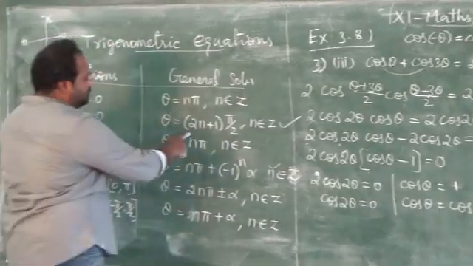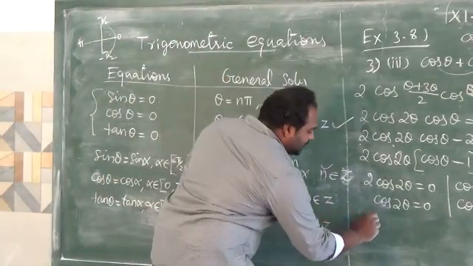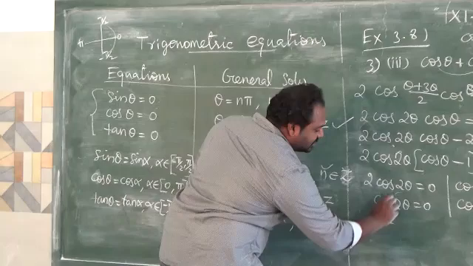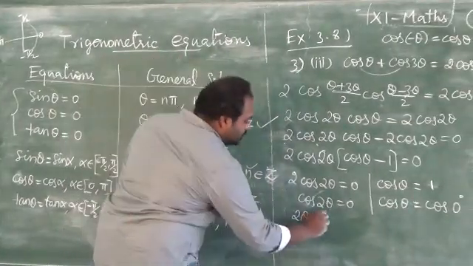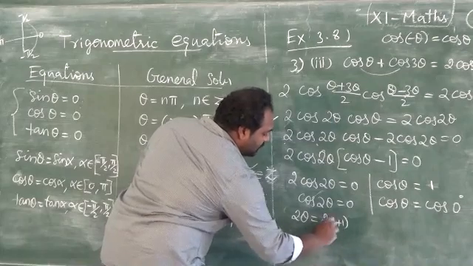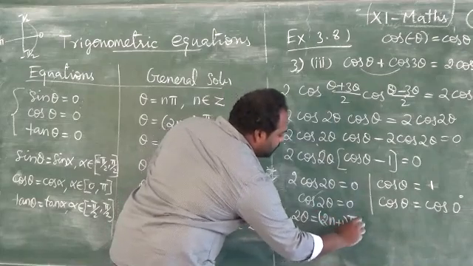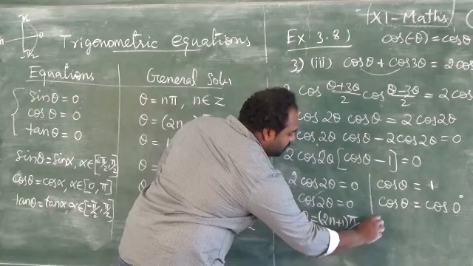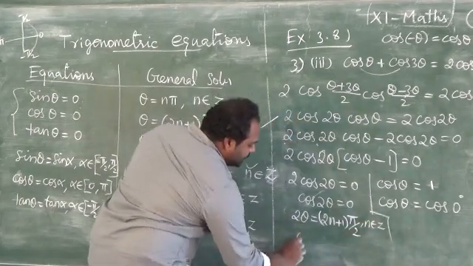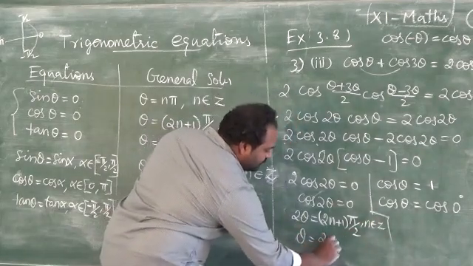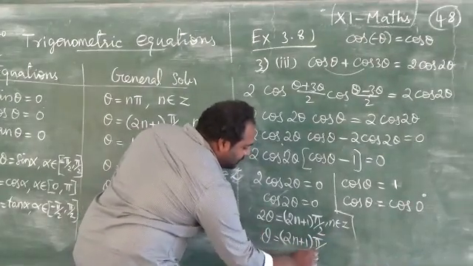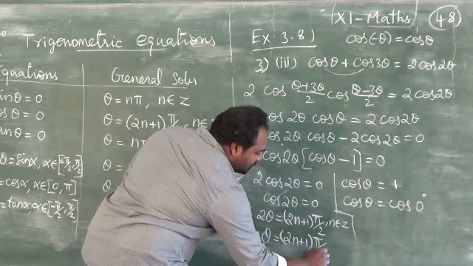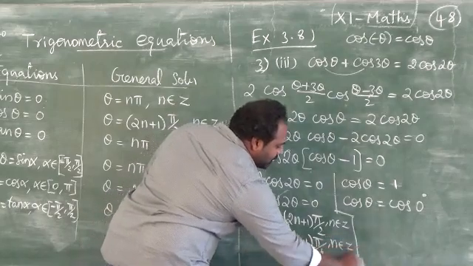Cos theta equal to 0 gives theta equal to (2n plus 1) pi by 2. Here theta is 2 theta, in the place of theta is given 2 theta, so I am taking 2 theta equal to (2n plus 1) into pi by 2, n belongs to Z. So here theta equal to (2n plus 1) pi divided by 2, already 2 is there, so it is 4, n belongs to Z.